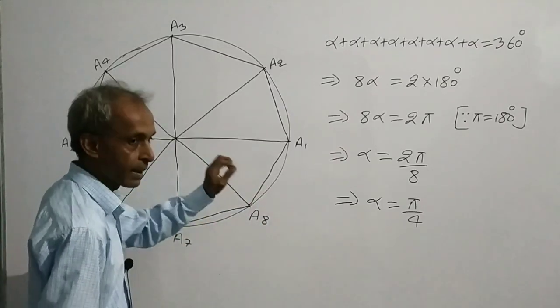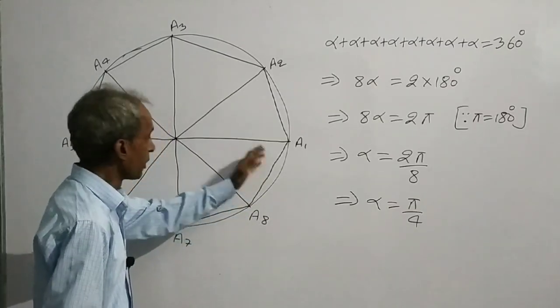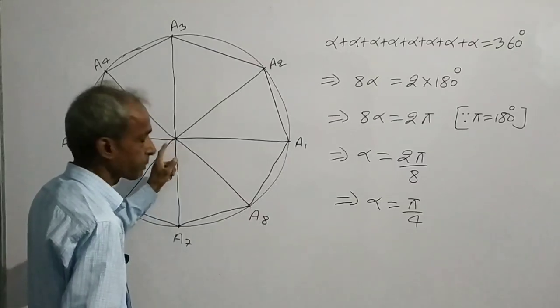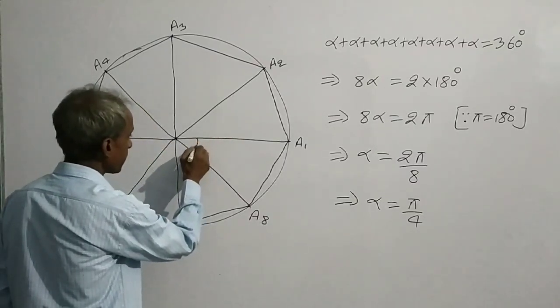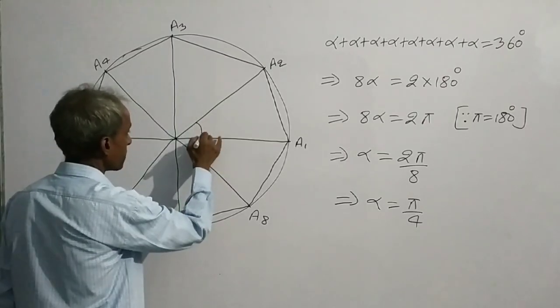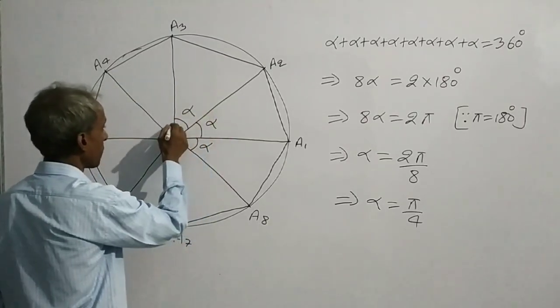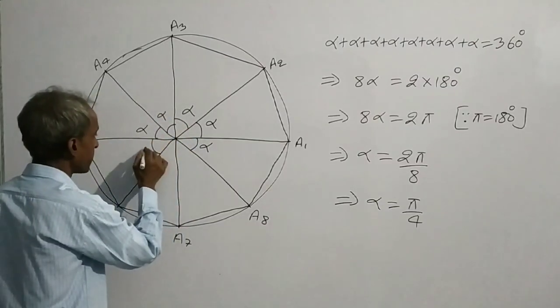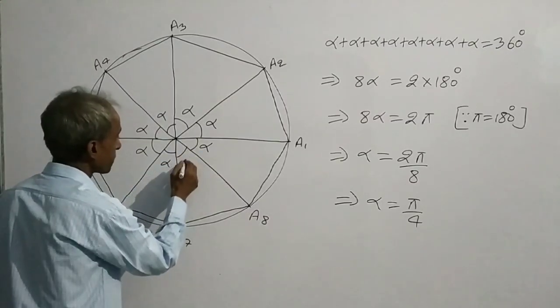Since the octagon is regular, each side will subtend equal angle at the center of this circle. Suppose this angle is alpha, then this will also be equal to alpha, and so on for all eight sides.